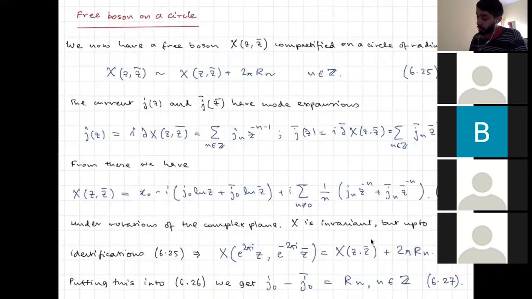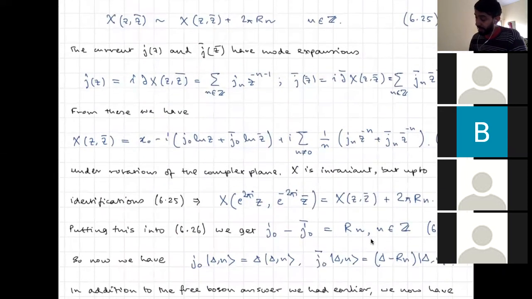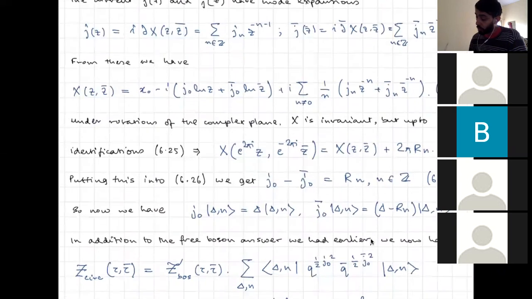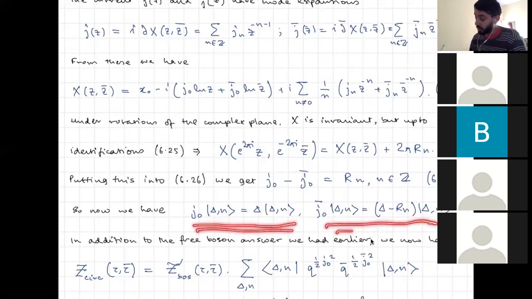Then we went on to understand what is going to happen if you put the free boson on a circle. When we do an identification like this, it leads to non-trivial changes in the weights under J0 and J0 bar.